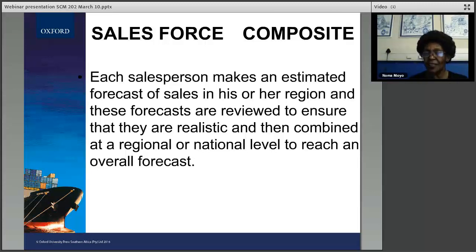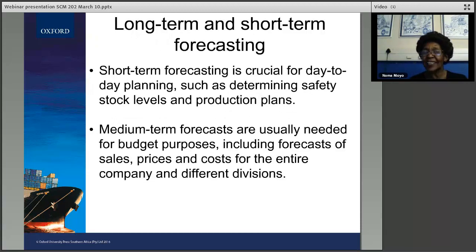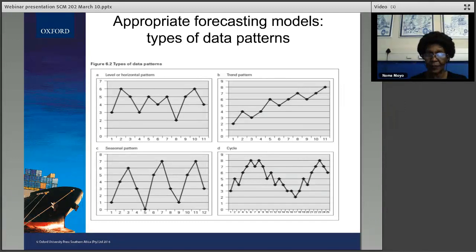Each salesperson makes an estimated forecast of sales in his or her region, and these forecasts are reviewed to ensure that they are realistic and then combined at a regional or national level to reach an overall forecast. Then we also have what is called a consumer market survey. Input by using surveying techniques from customers or potential customers is analyzed to establish their future plans.